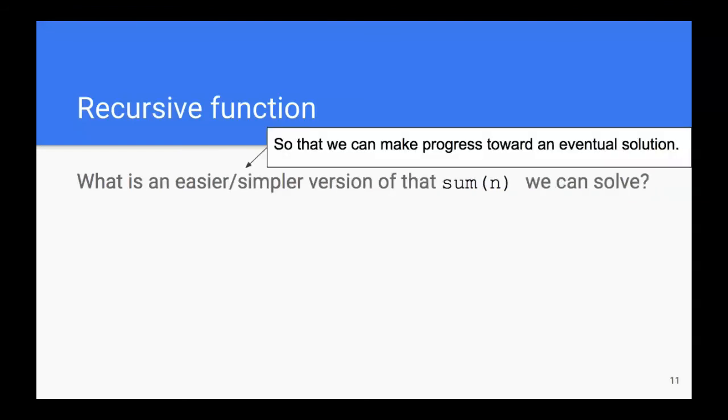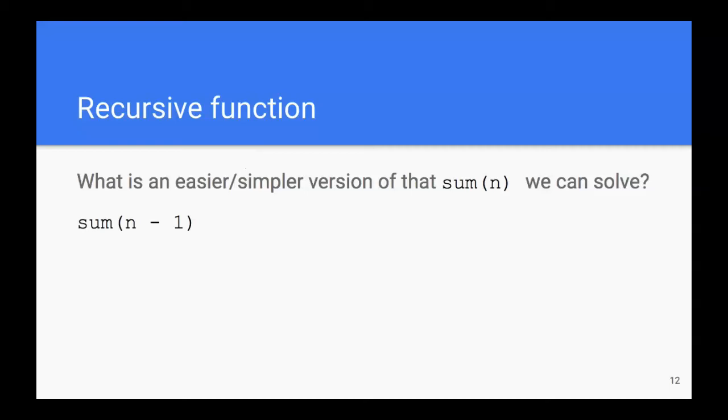Okay. And then the second question we ask is, what is an easier or simpler version of sum that we can solve? The motivation for solving an easier or simpler version of sum is such that we can actually make a little progress towards an eventual solution, right? So what is a simpler version of sum that we can solve?